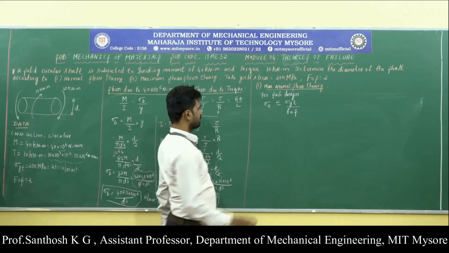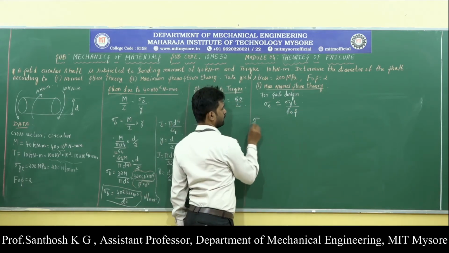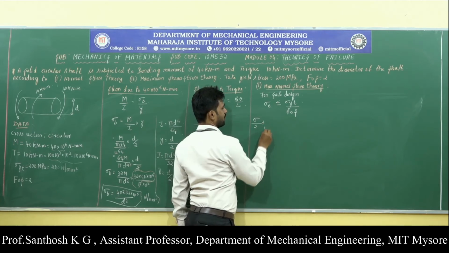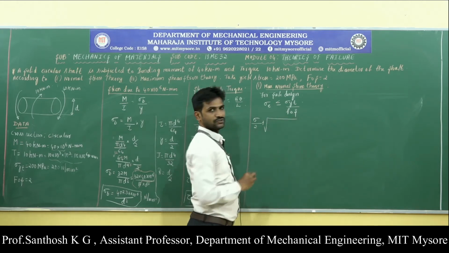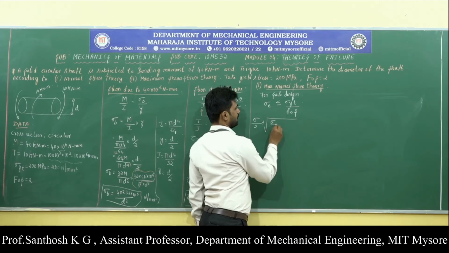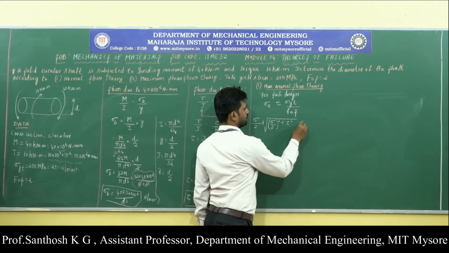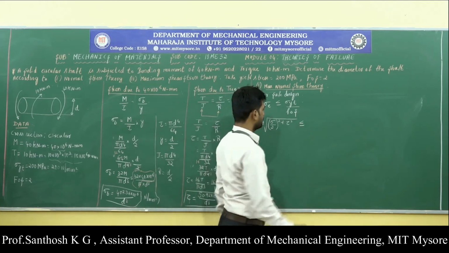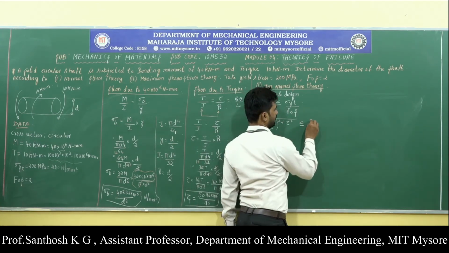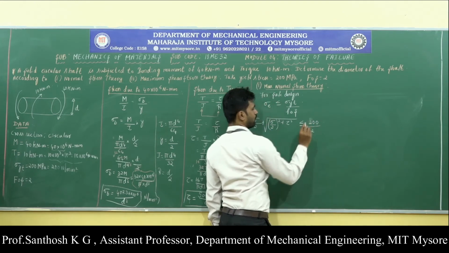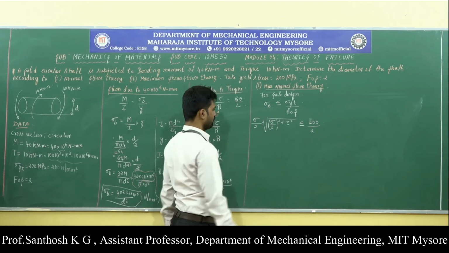The value of sigma e can be found by using the equation sigma by 2 plus square root of sigma by 2 whole square plus tau square. So it should be less than or equal to sigma yt, which is 200, divided by FOS, which is given as 2.